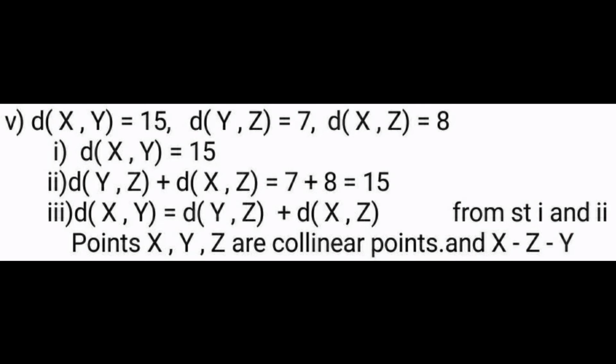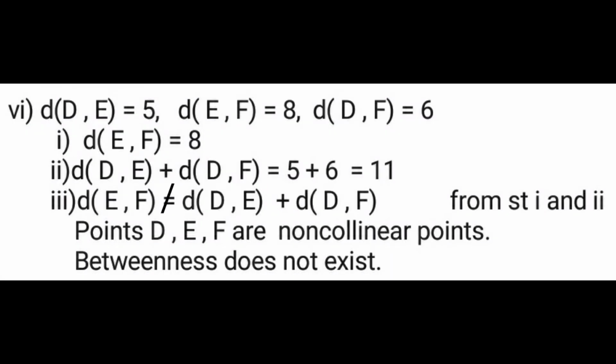So from 1 and 2, distance XY is equal to distance YZ plus distance XZ. That is, the largest distance is equal to the sum of the remaining two distances. Therefore, X, Y, Z are collinear points, and point Z lies between point X and point Y. We'll write it as X dash Z dash Y. Sub question number 6.